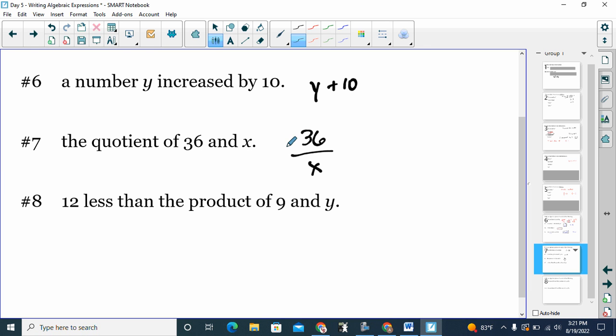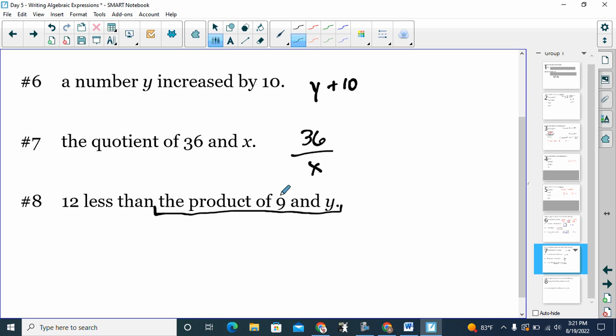And number 8. These last 3 are going to be a little bit more difficult. This says 12 less than the product of 9 and y. Less than means I'm going to subtract, and product means I'm going to multiply. So let's start with the product of 9 and y.